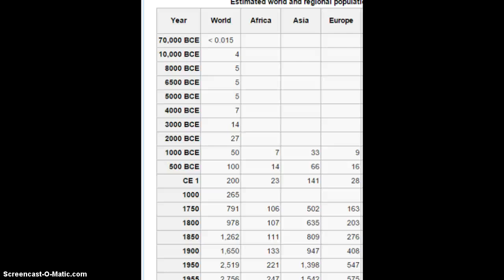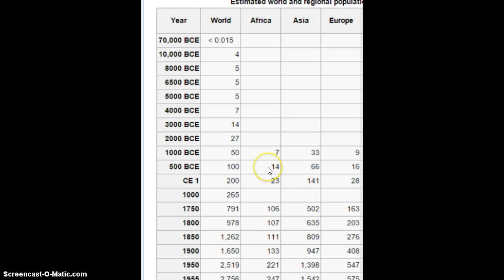So I want to show you guys an estimated world and regional population at various times throughout the history of the world. I'm looking at Africa right now, and this is in terms of millions of people. I'm looking at Africa, Asia, and Europe, because we didn't see civilization really start to be around in the Americas until around the 1750s. In Africa, they had 7 million people.